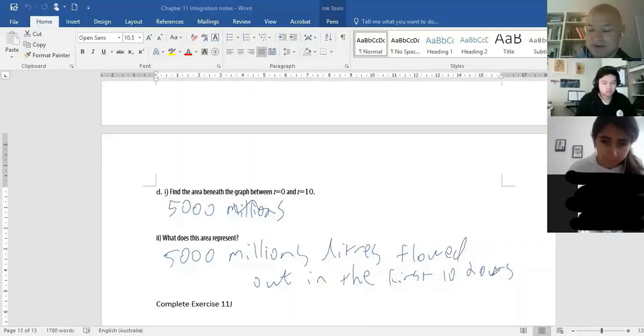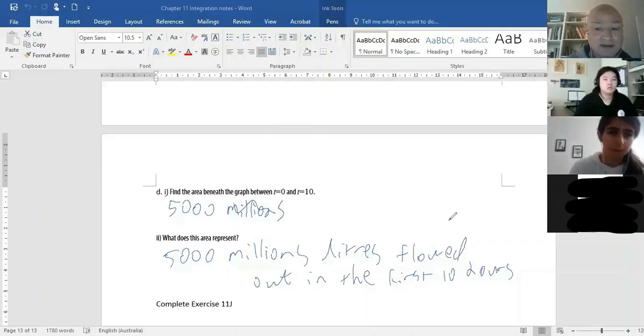Any questions there? Does that mean after 10 hours it flows back in? Well, it hasn't hit 0 yet, has it? When has water stopped flowing yet? So we need to know when there's no more water in there.